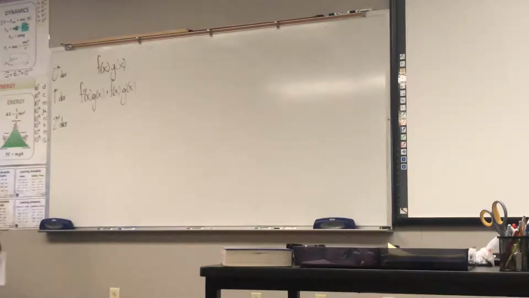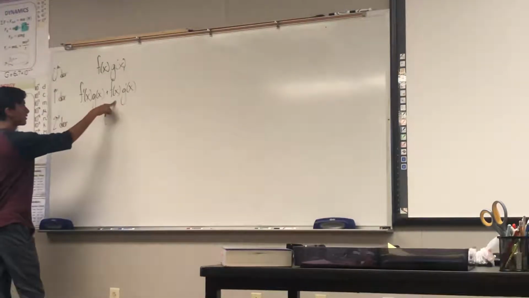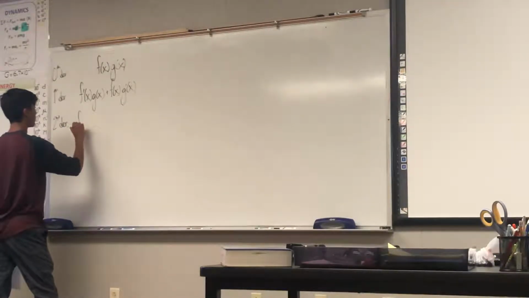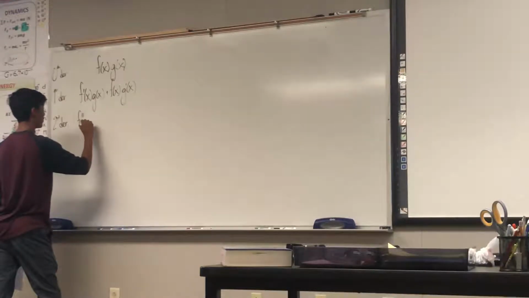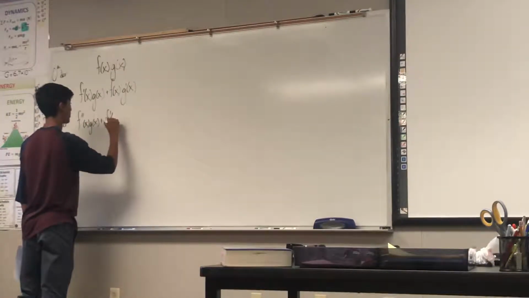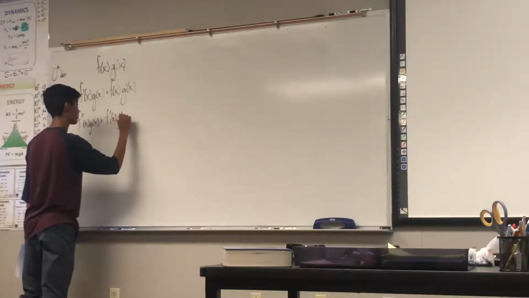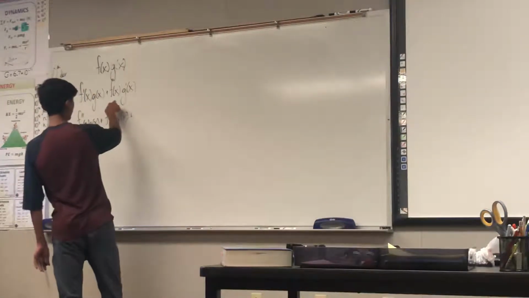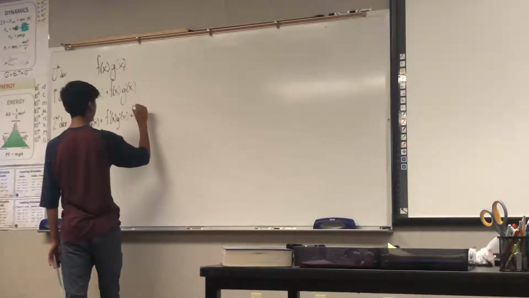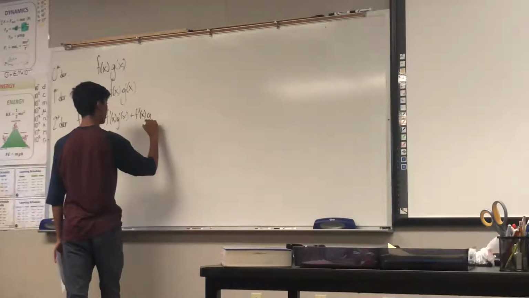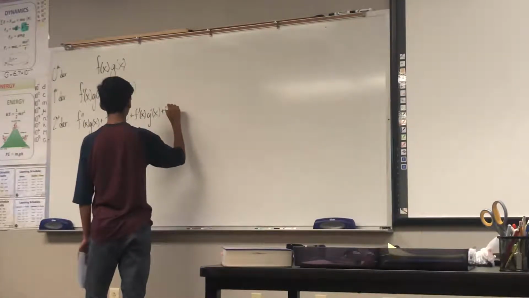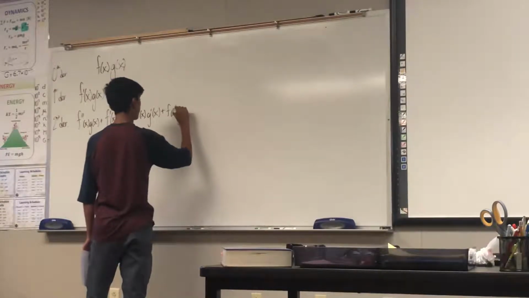Here we do the product rule twice for each of these two parts of the function. So for the first part, it would be f double prime of x, g of x, plus f prime of x, g prime of x. And then for here, it would be f prime of x, g prime of x, plus f of x times g double prime of x.